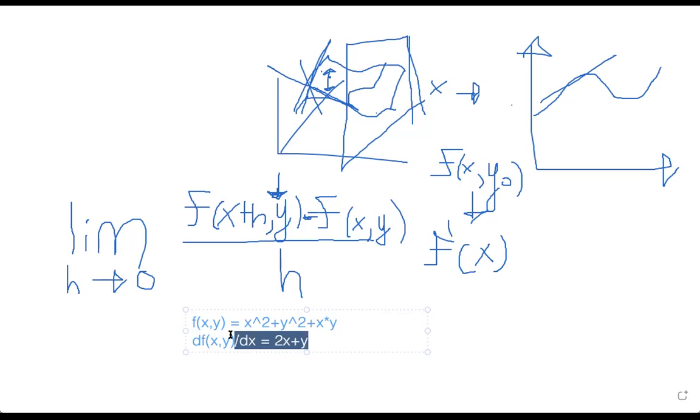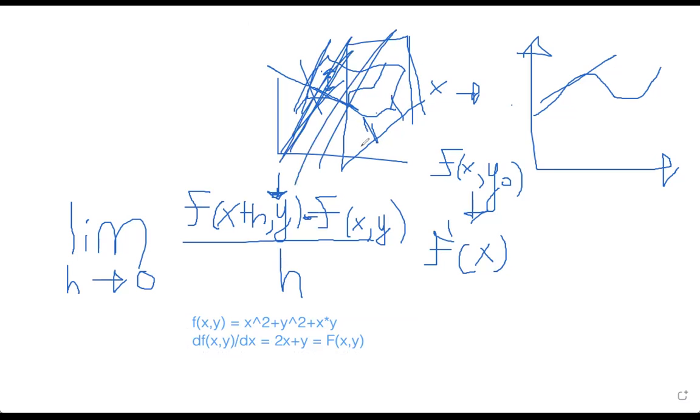In other words, this derivative produced a new function, let's say capital F of x, y. It still has a dependence on both the direction we're in, and basically the x here is where on this plane we are, and then the y is where we took that planar cut, which determines the derivative.